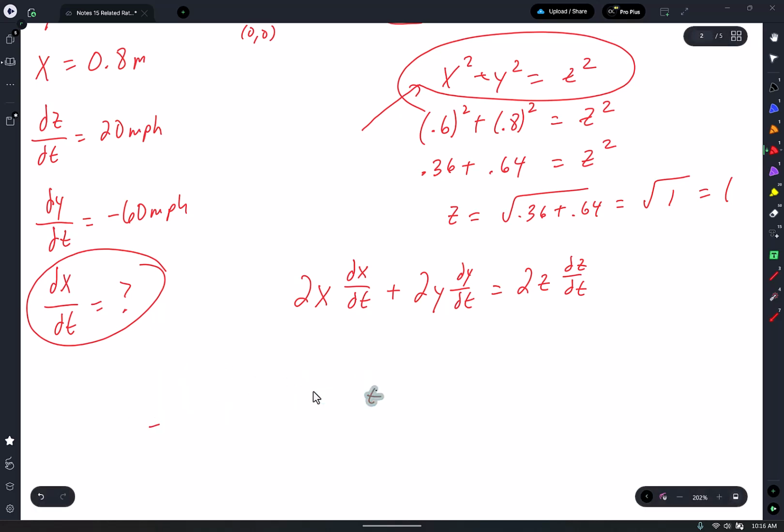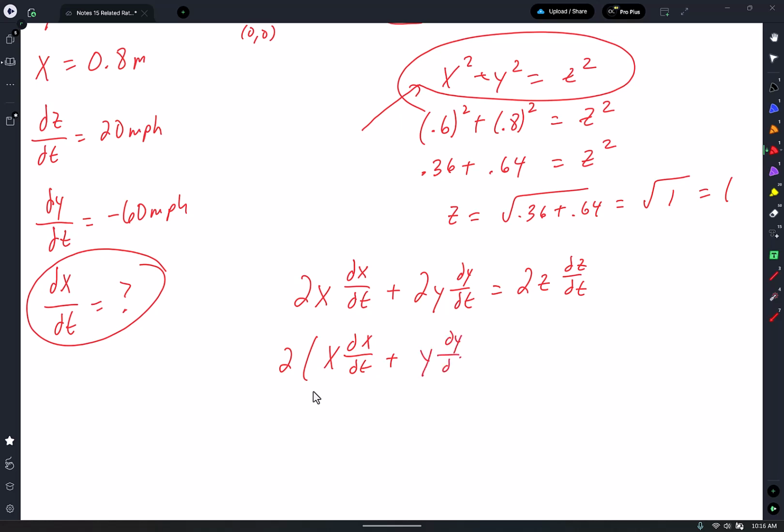All right, let's factor out a 2 on the left-hand side. Because I thought that would be easier, unless you wanted me to leave it. And then I could just divide both sides by 2 or just cancel out the 2's. Does that make sense?